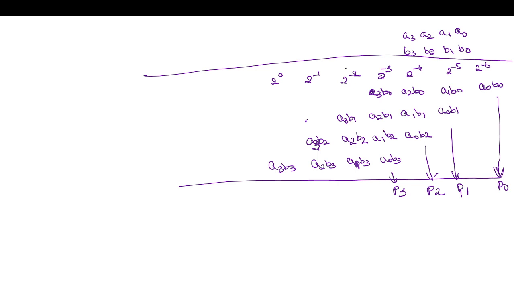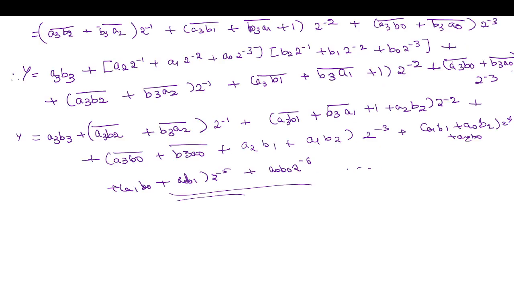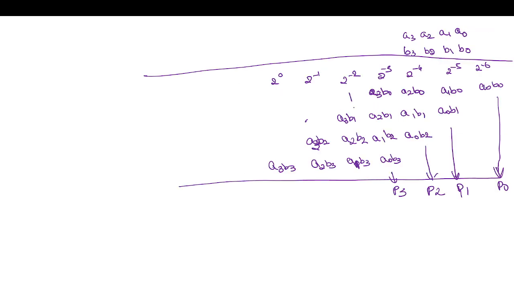Next, for these three terms, a3 b1, a2 b2, a1 b3, and 1 is there. This one also we need to add in this algorithm, and wherever 3 is there, those terms are complemented. Then this one is P4.